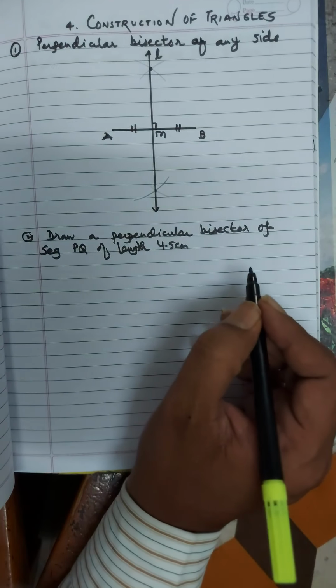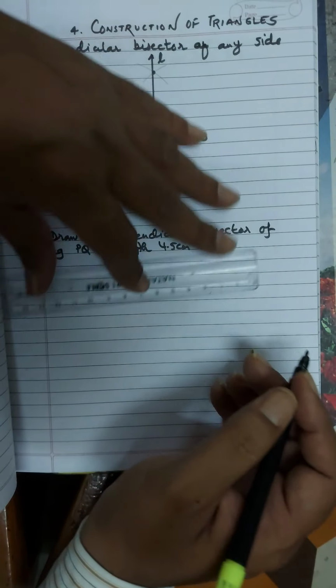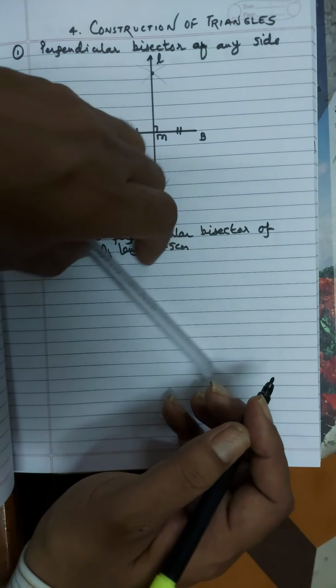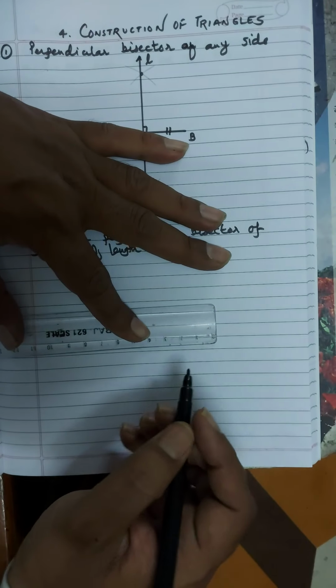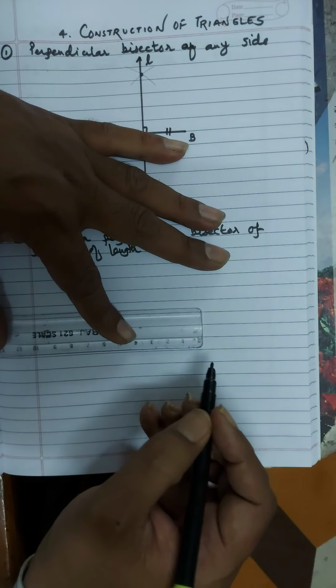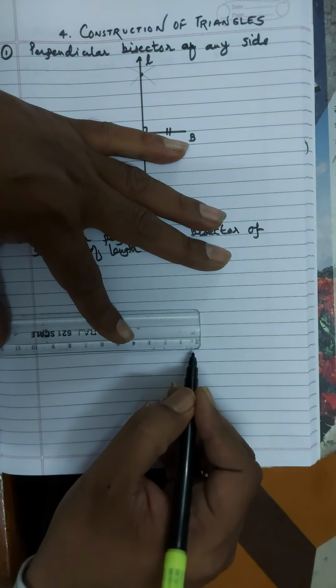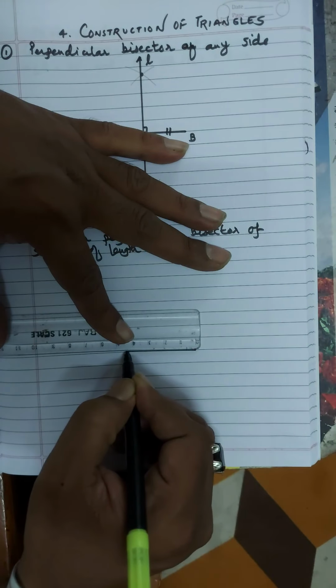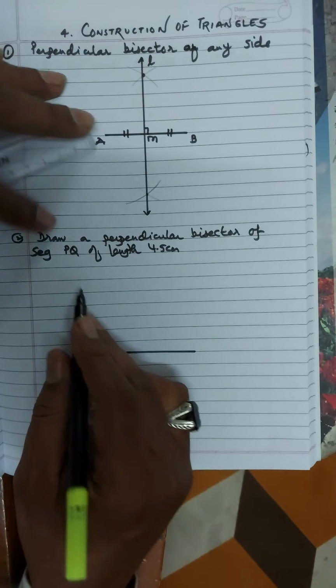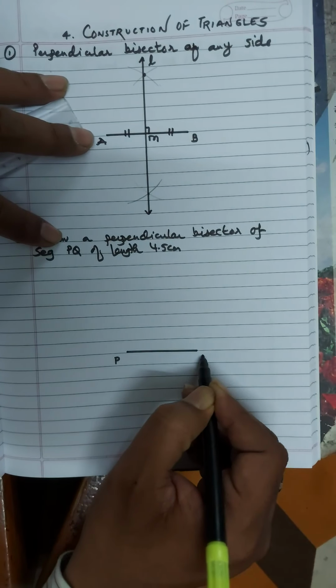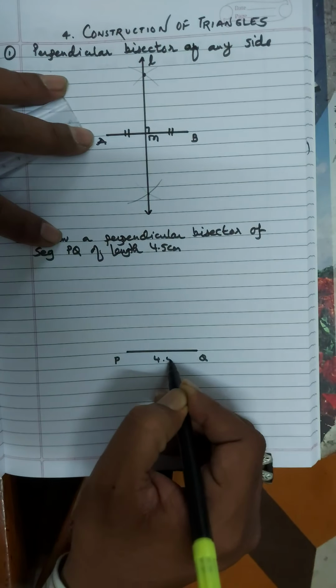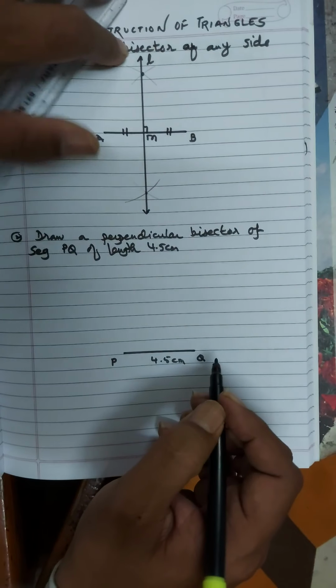So we need to draw a 4.5 centimeter measurement. Suppose this is the 4.5 centimeter I have taken. In the question the names given are P and Q. So first step, we need to draw a line of 4.5 centimeter.